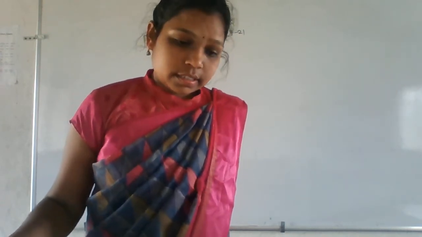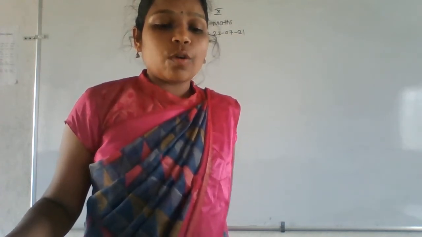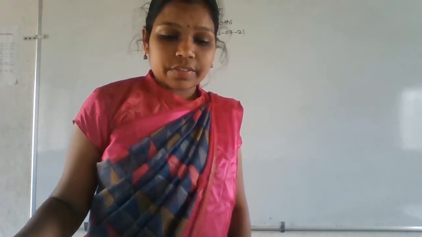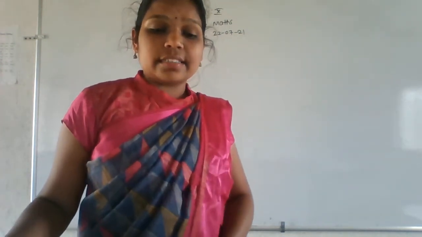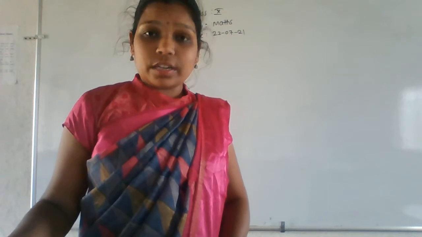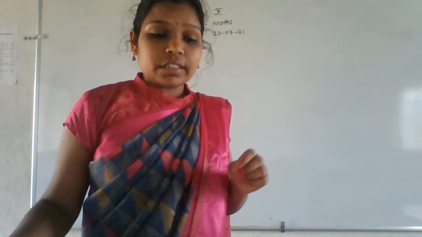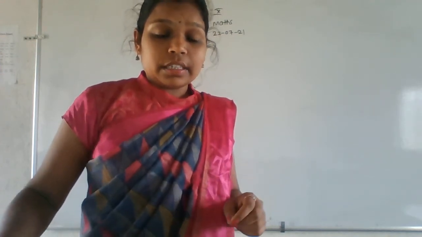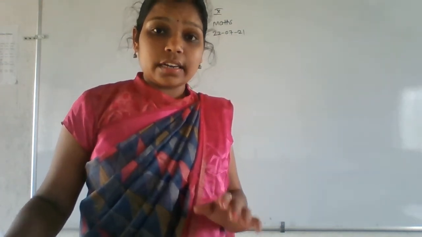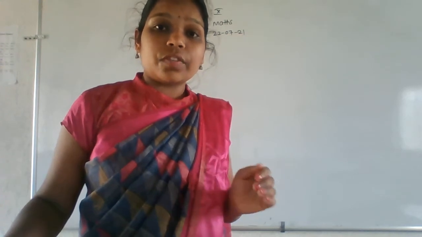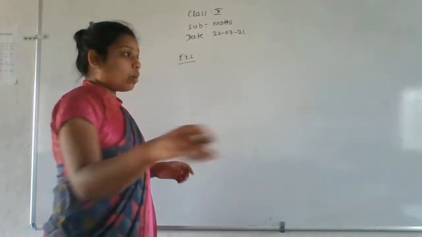Check whether 301 is a term of the list of numbers 5, 11, 17, 23. They have given one AP here, and we have to check whether 301 is a term of this AP or not.